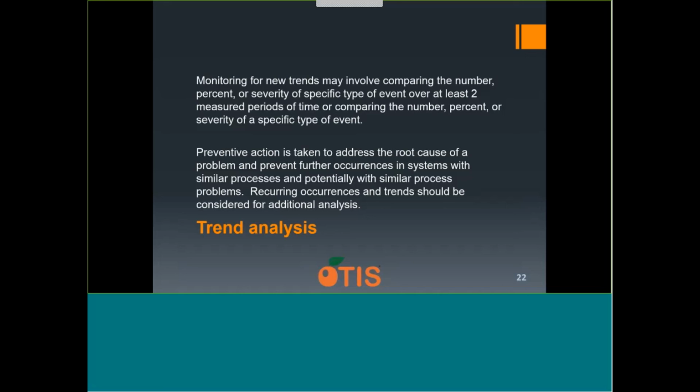Think of something else that's very similar, and it could be essentially the same problem and essentially the same fix. And reoccurring occurrences and trends should be considered for additional analysis. And that's basically what we do. We do our analysis, and we look to find trends.